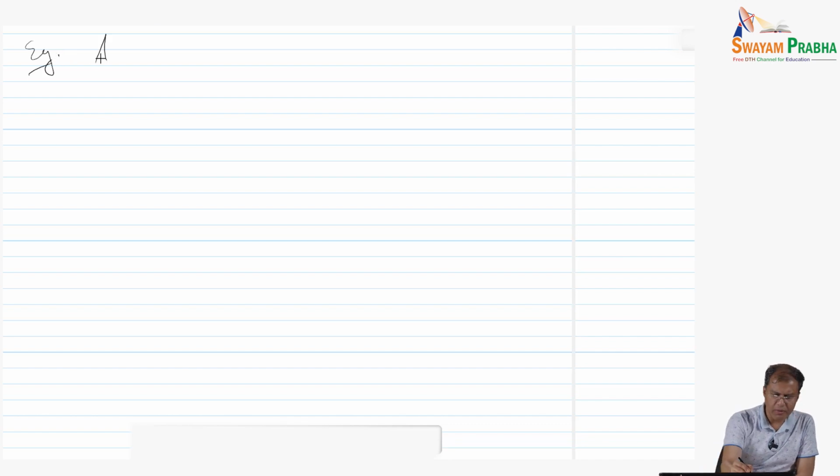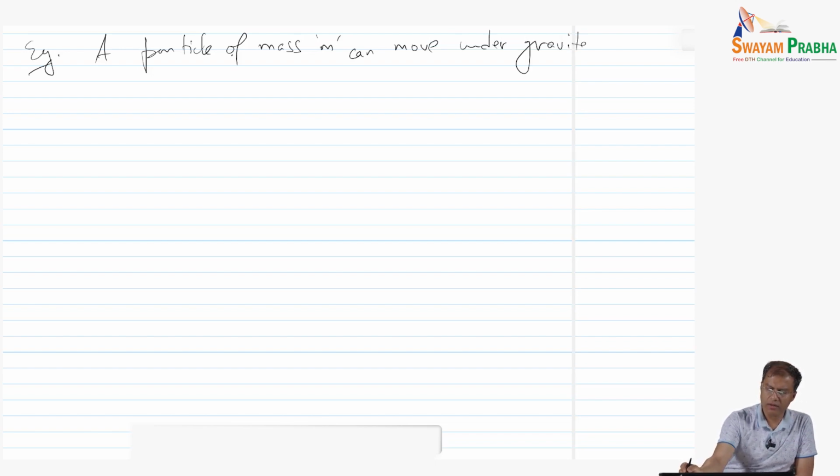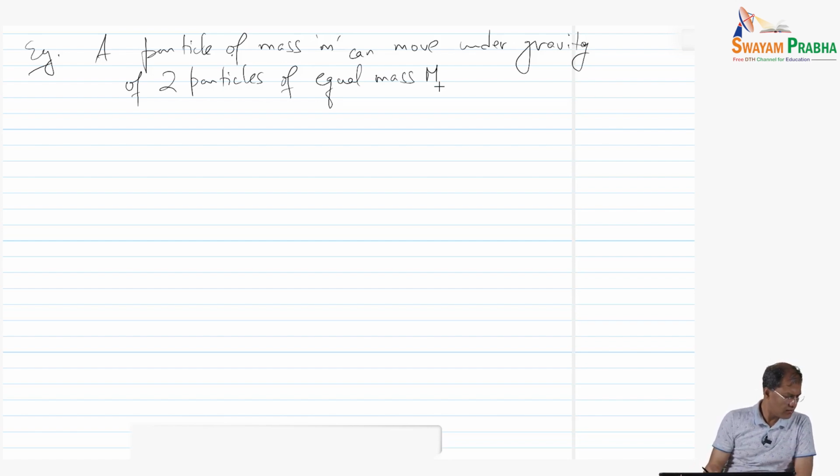So this problem says a particle of mass m can move under gravity of two particles of equal mass, let's say capital M, all fixed at (0, 0, plus or minus a), right?